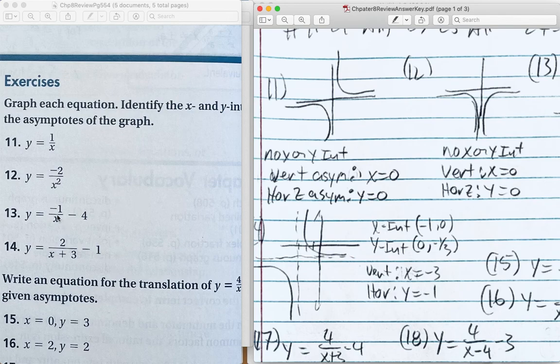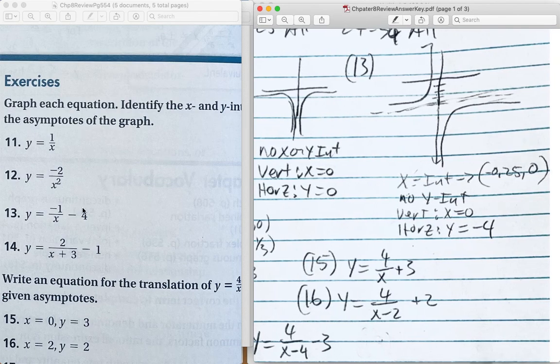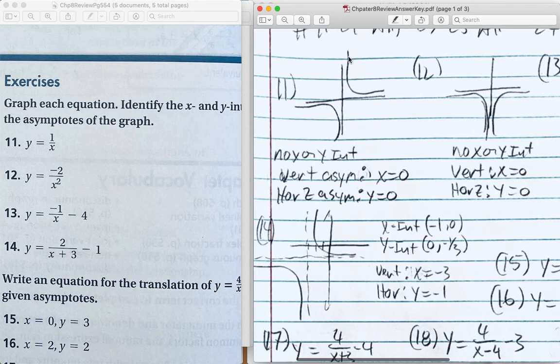Here we have y equals negative 1 over x minus 4 for number 13. That minus 4 drops our rational graph down by 4. Since it's a negative in front, if we look at our original rational, it was in quadrant number 1 and quadrant number 3.